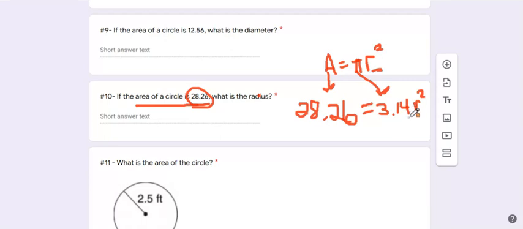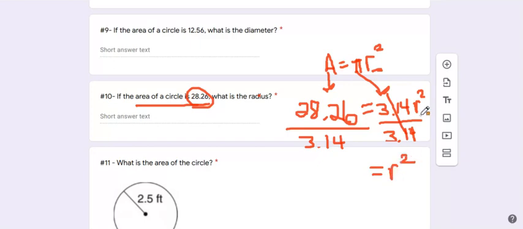Now to undo multiplication, since I have 3.14 times r squared, I need to undo multiplication by division. So I divide both sides by 3.14. Okay, so these 3.14s simplify to 1 times r squared, which is simply r squared on the right side. Now in my calculator, I put in 28.26 divided by 3.14, and I get 9.